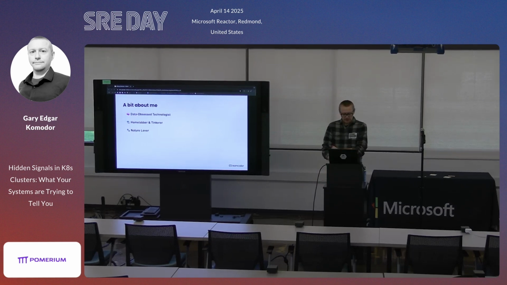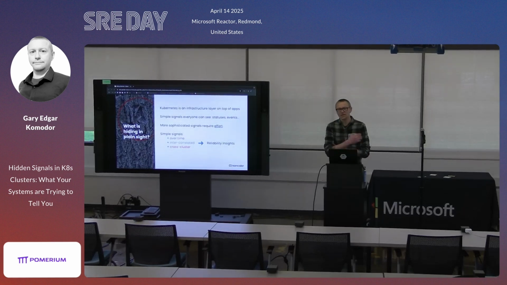Let's see. So this was a slide from the original deck that I thought was interesting. Kubernetes is both a blessing and a curse. It handles a lot of abstraction for you, but it's tricky to manage at scale, especially when you have many different environments, many different clouds, many different apps.